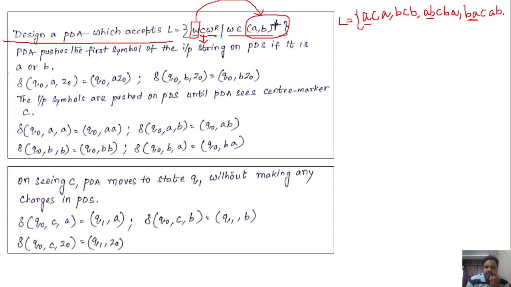Likewise, you can generate the set of possible strings. If you observe, the first part of the string, the prefix, must be w, the middle part will be c, and the suffix part will be the reverse of the word.